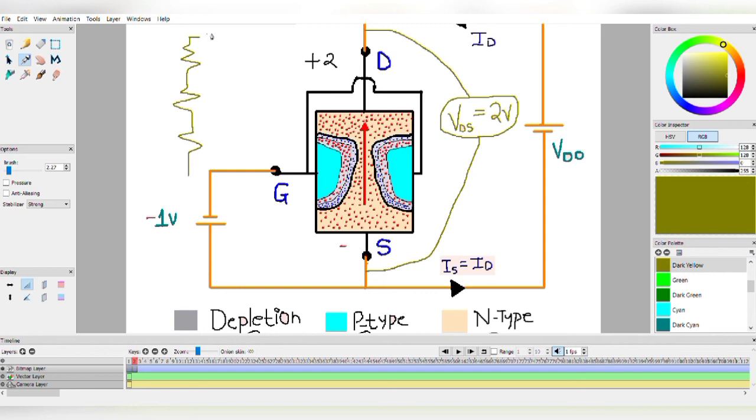Like here, if it is 2 volt, then here it may be 1.5 volt, then here maybe 1 volt. So this concept is also right, but I have explained it very well, so that if you are preparing for maybe VLSI in the analog domain, this concept will really help you.